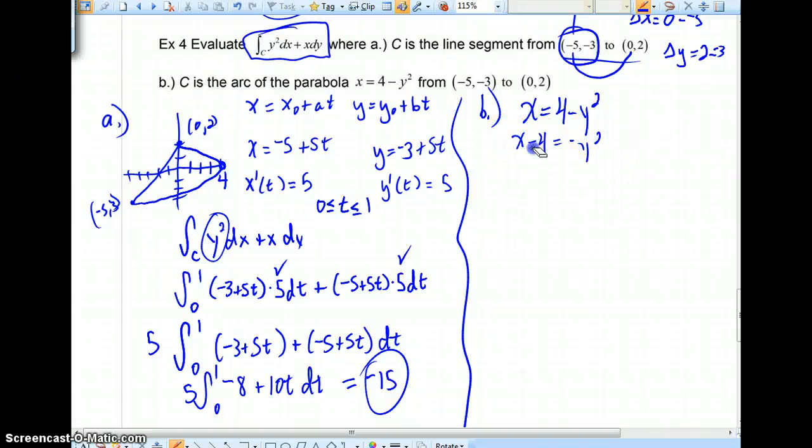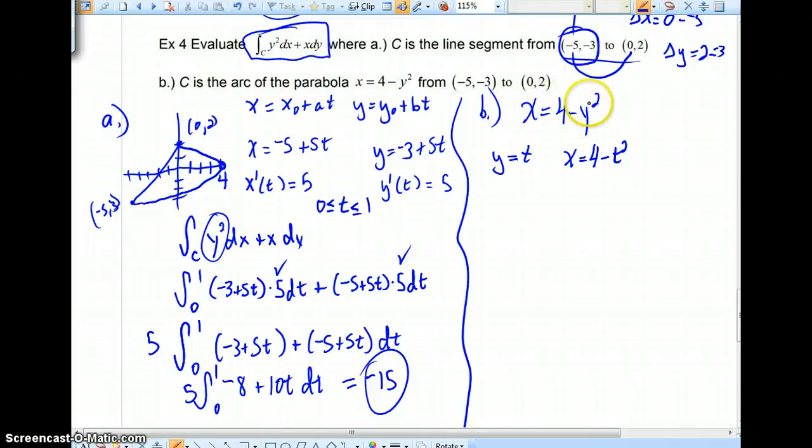Now, that being said, and hopefully you saw off to the left-hand side how we graph those, I'd like to set up some parametrics once again. This time I'm going to let y equal t, and then x, very nicely, is 4 minus t squared. This is a nice little way to do your parametrization, because you can see that either x would equal t or y would equal t.